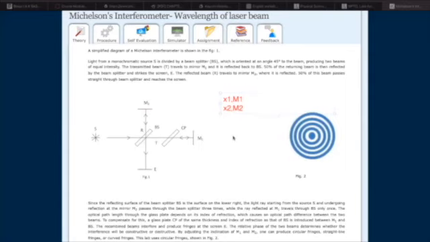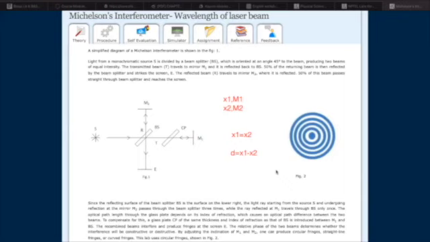Now for the starting point, when you have x1 equals x2, can you tell me what will happen at the center? If x1 equals x2, our small d, which is equal to x1 minus x2, will be 0. If d is 0, will the center be bright or dark? Dark, right?